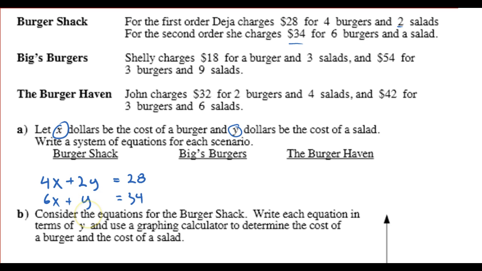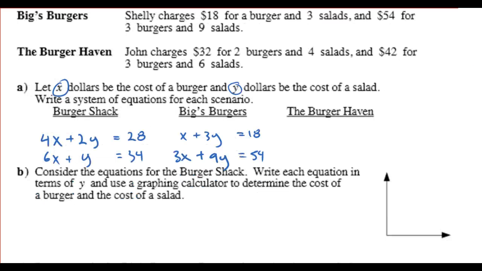So 6X plus Y equals 34. At Big's Burgers, we have $18 for 1 burger and 3 salads, and $54 for 3 burgers and 9 salads, so 3X plus 9Y. The key thing is that we're defining X and Y as the cost in dollars per item.